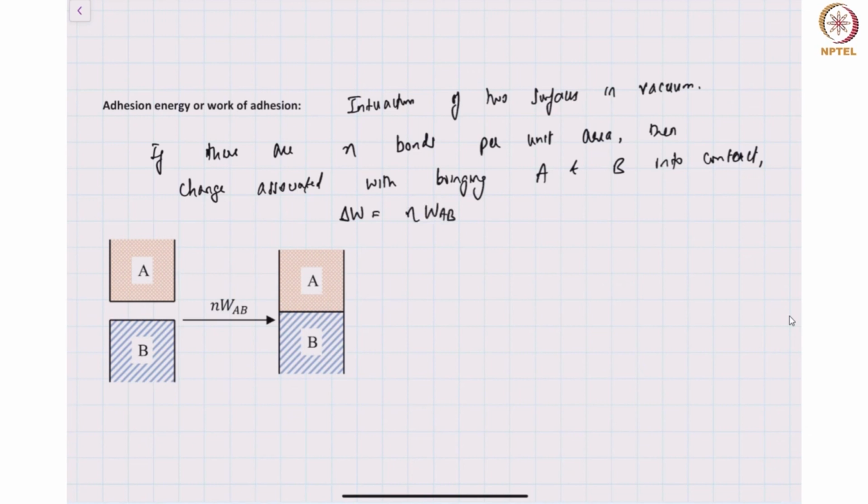This is basically this quantity delta W that we've written down. This is the work of addition, or the adhesion energy.